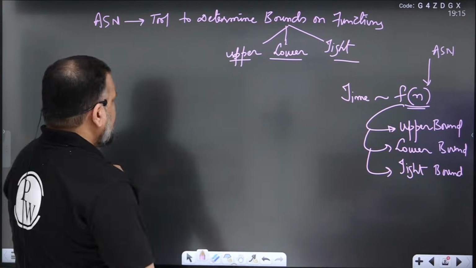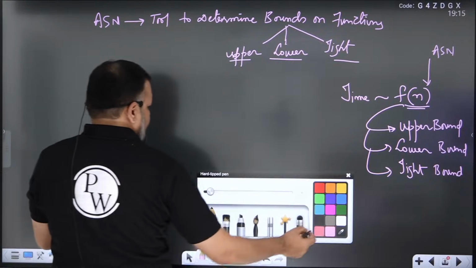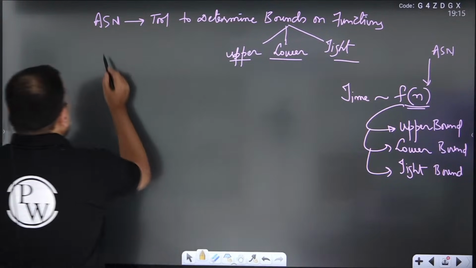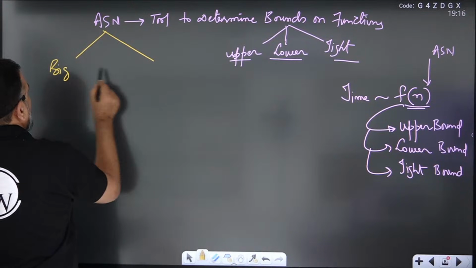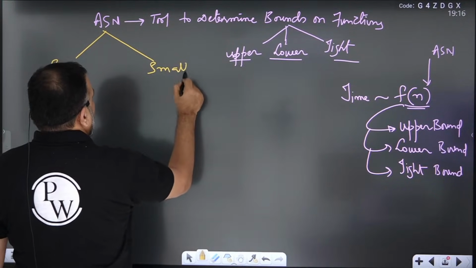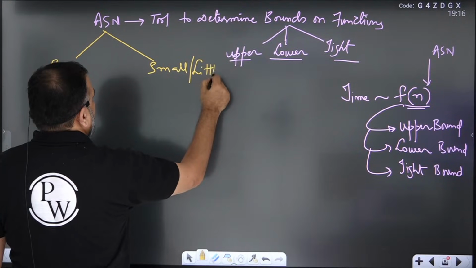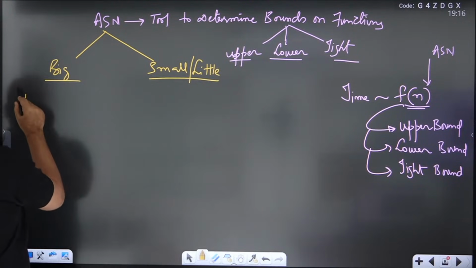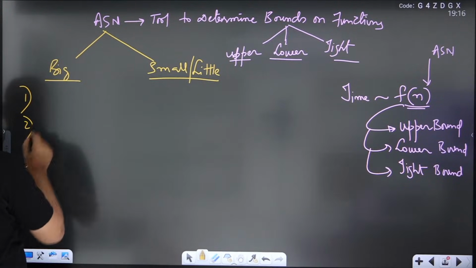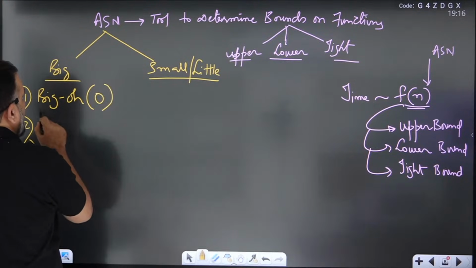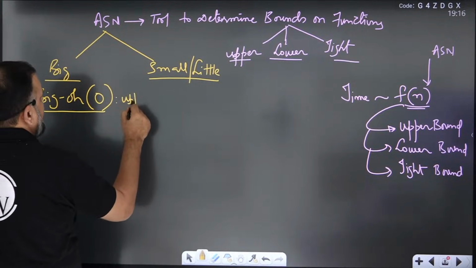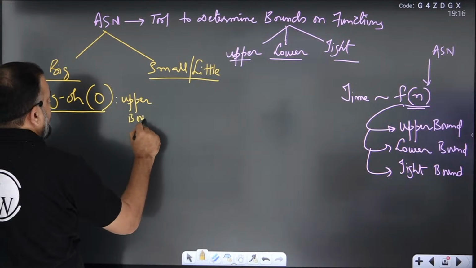These asymptotic notations, ASN, I write generally in short, are basically classified into 2 types. We have big notations and small notations, small also called little. There are 3 big notations. We have big O, represented by capital O, used for the upper bound of a function.